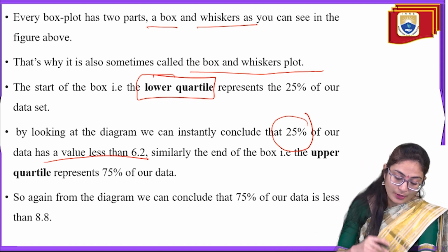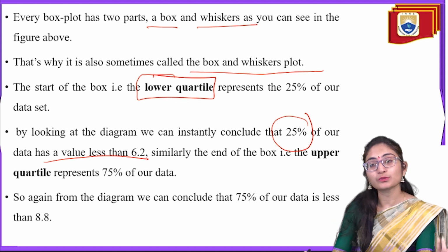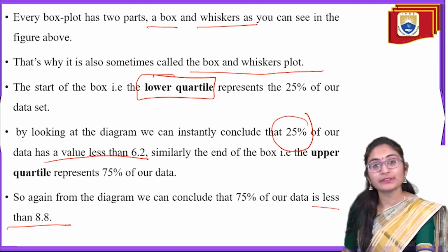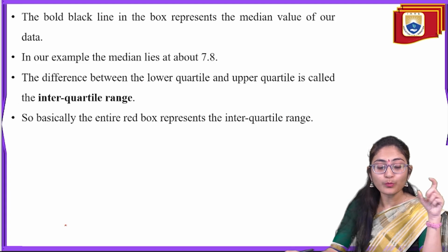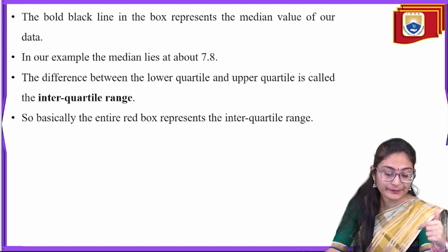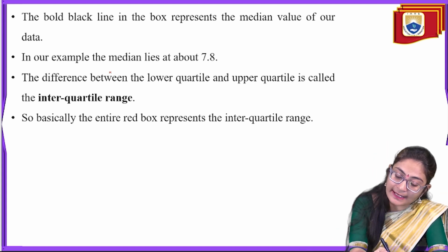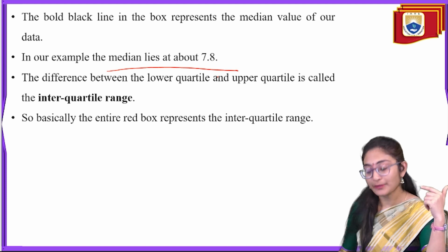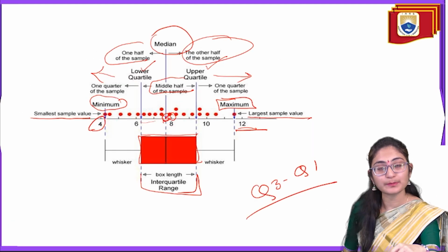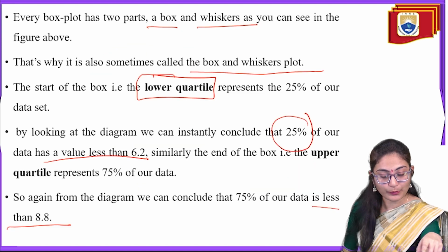So again, from the diagram, we can conclude that 75% of our data is less than 8.8. The bold black line in the box represents the median value of our data. In our example, the median lies at about 7.8.